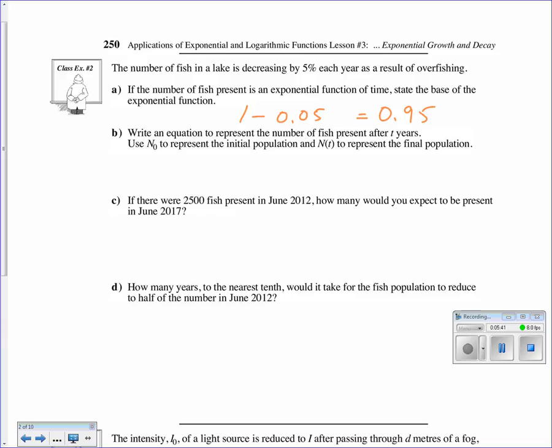And now I want to try to write that equation in exponential form. We're looking to predict the number of fish. So the number of fish at any time t is the original number times my decreasing base, 0.95, to the power or to the exponent of t.